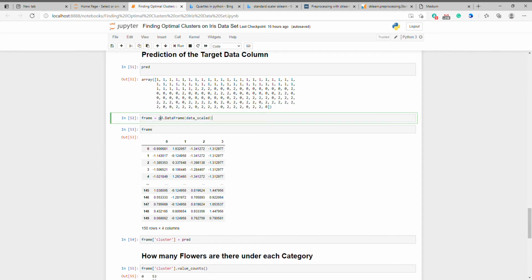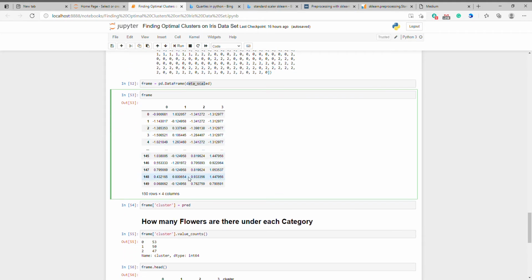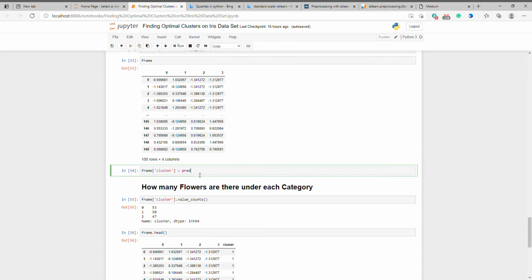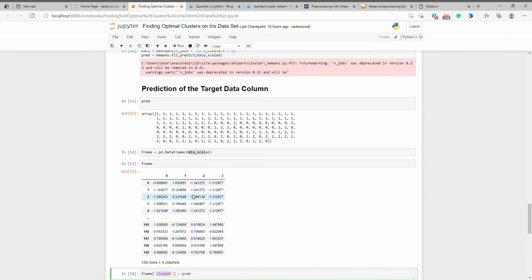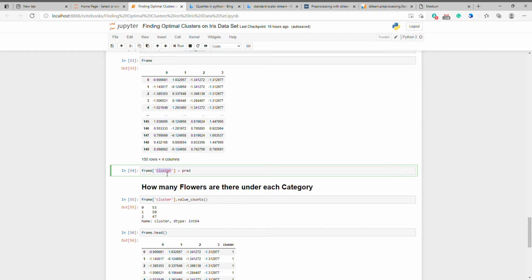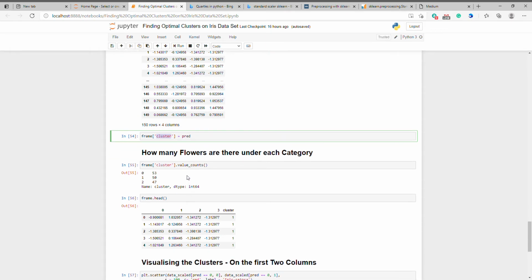Now here I have put the scale data into a frame, and here the frame is displayed. And I have created another column, that is frame cluster, and here I put all my predicted data in this cluster column of the frame, and I counted how many flowers are in each category.